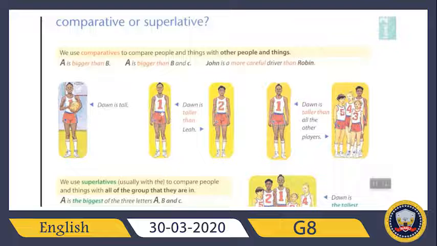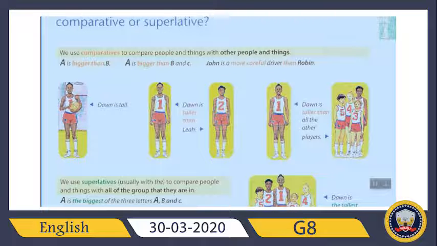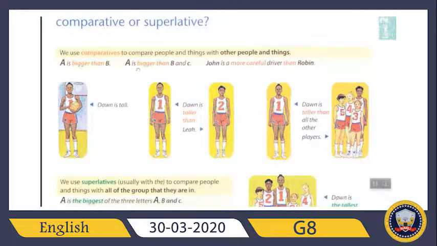We want to compare Dawn with another person whose name is Lee. So Dawn is taller than Lee. Here you see A is bigger than B, or A is bigger than B and C, like this example. Dawn is taller than all the other players.